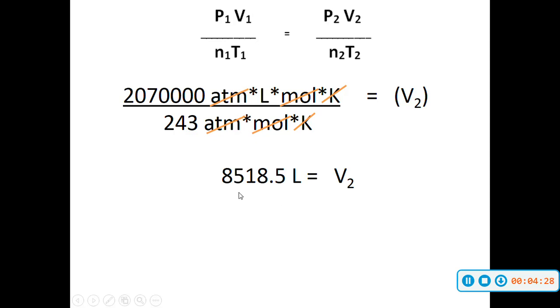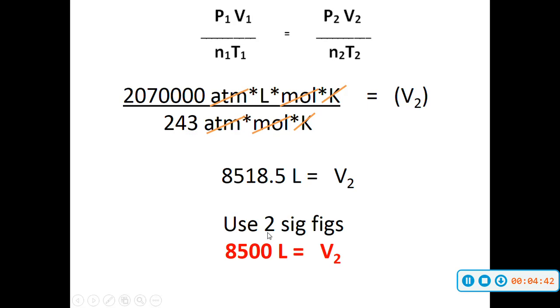So our answer would be 8,518.5 liters. When we look at the number of significant figures our problem gives us, the least number is 2, so it would round to 8,500 liters for our final volume.